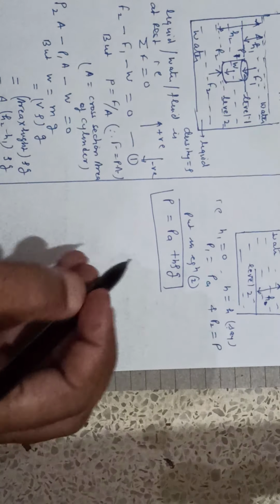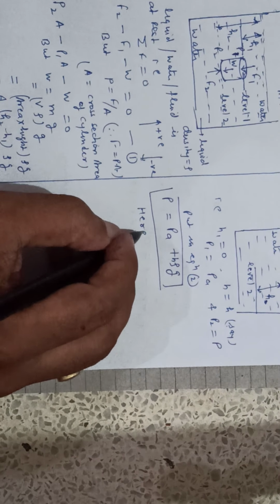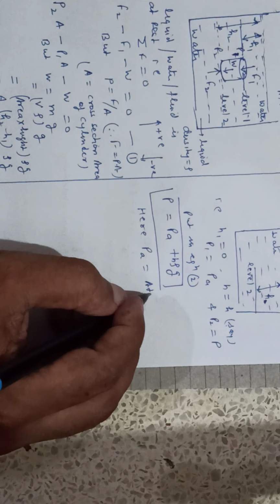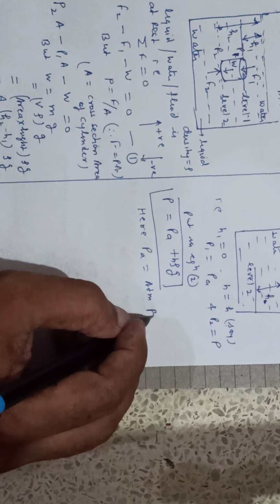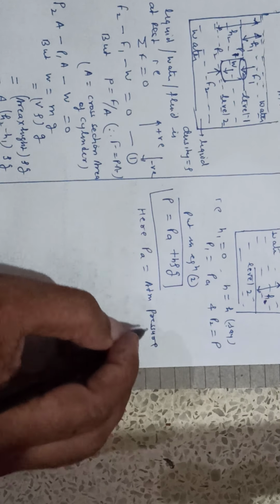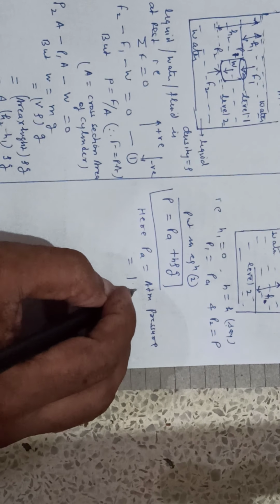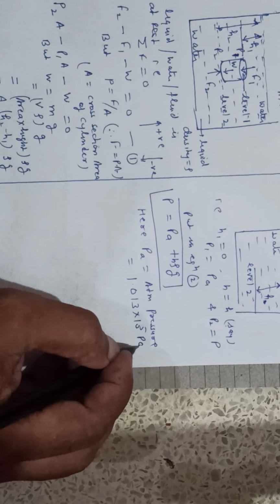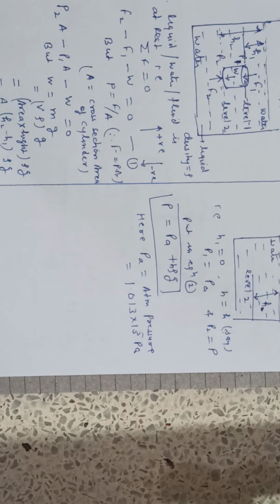Here P_A is the atmospheric pressure, and its value is 1.013 into 10 to the power 5 Pascal, as you know. So it means the pressure at any depth depends on the height of the liquid column.